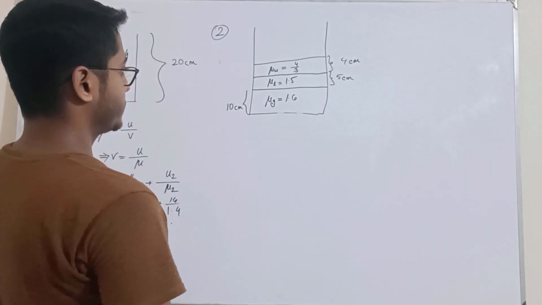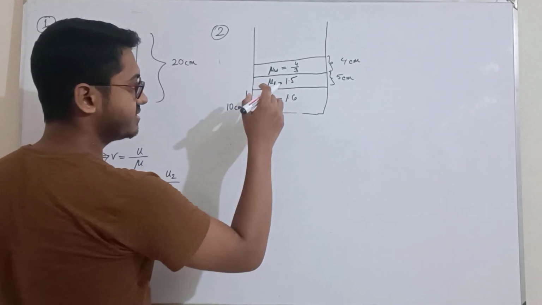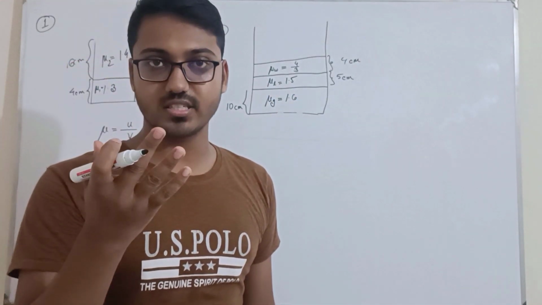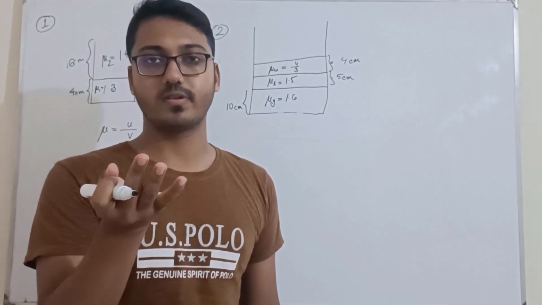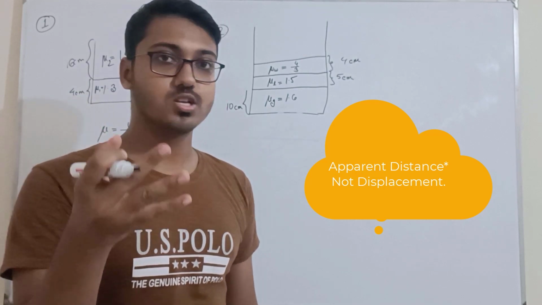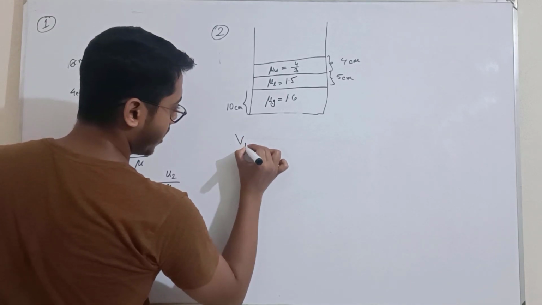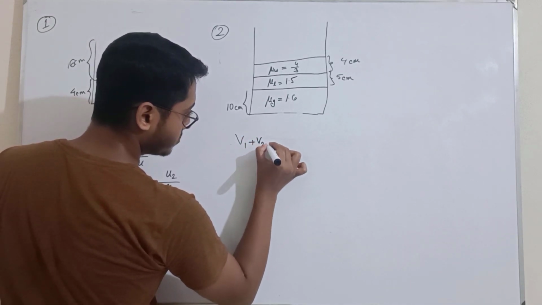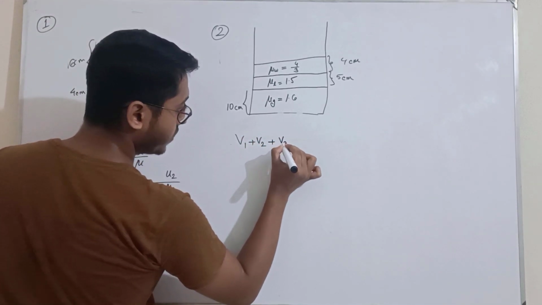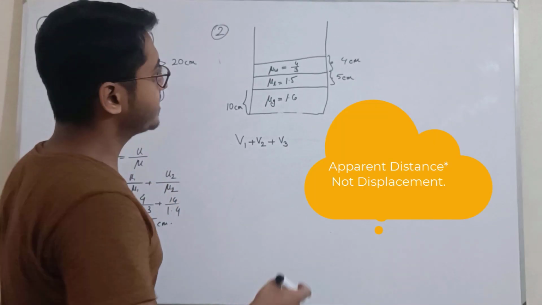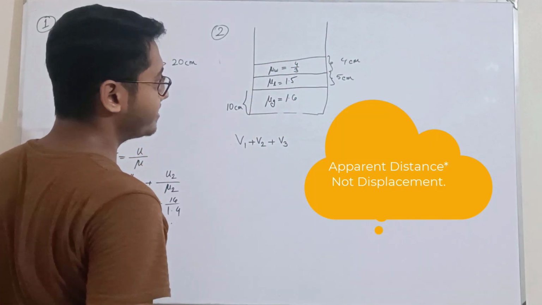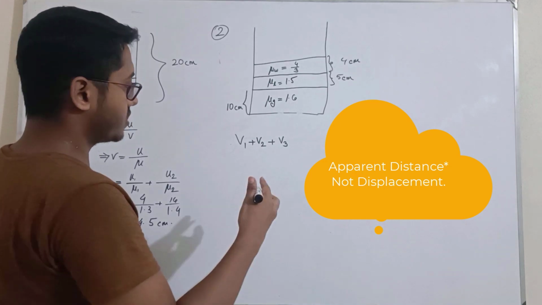Since there are 3 layers, we'll have 3 apparent distances, V1, V2 and V3. So V1 plus V2 plus V3 will be the apparent distance of the entire container.